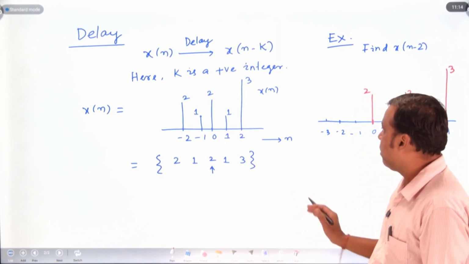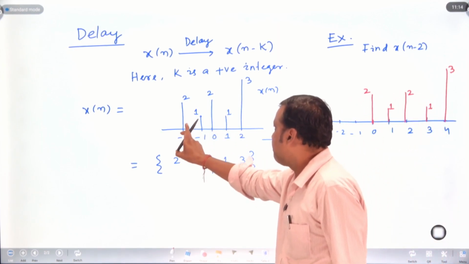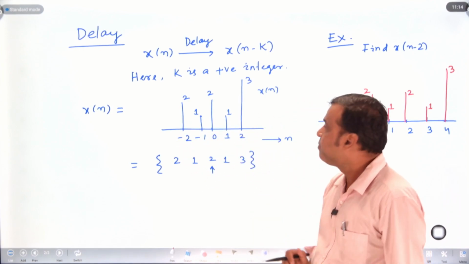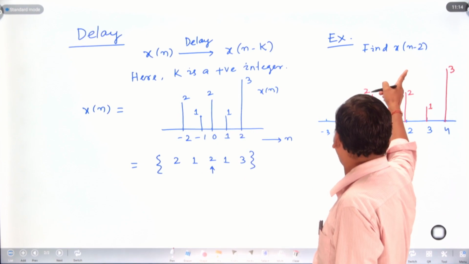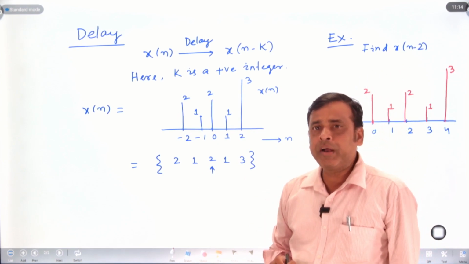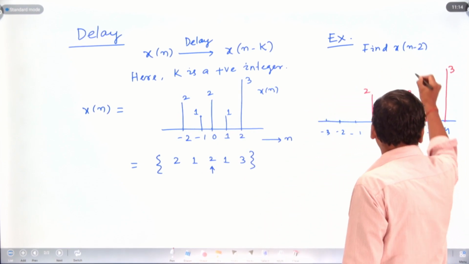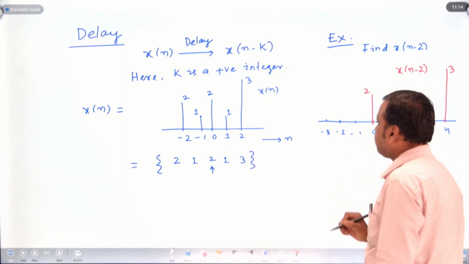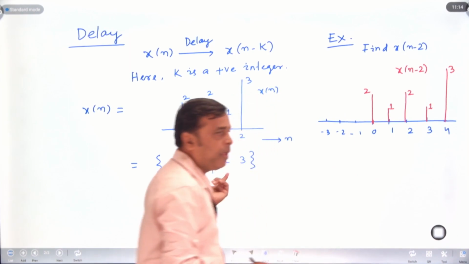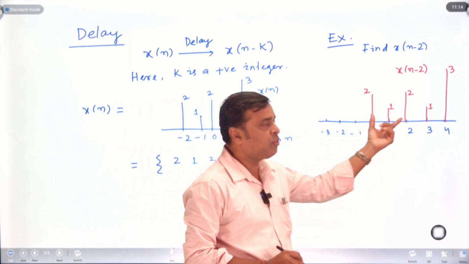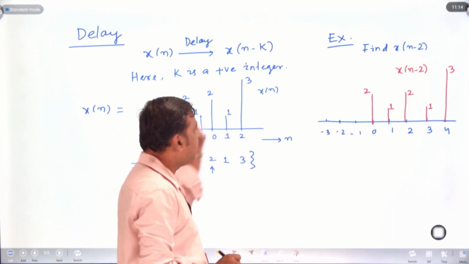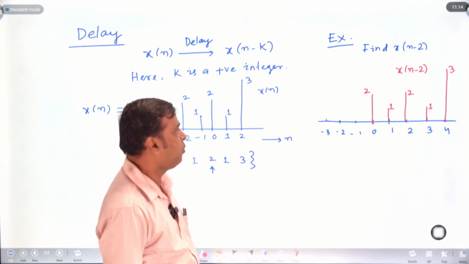If you mark here, each sample is shifted towards the right by 2 units. Here k is positive, k is your 2. If it is delayed by 2 units of samples, this is nothing but your x of n minus 2. Your original signal is x of n and your delayed signal is x of n minus 2. Graphically, each sample is shifted towards the right by 2 units.